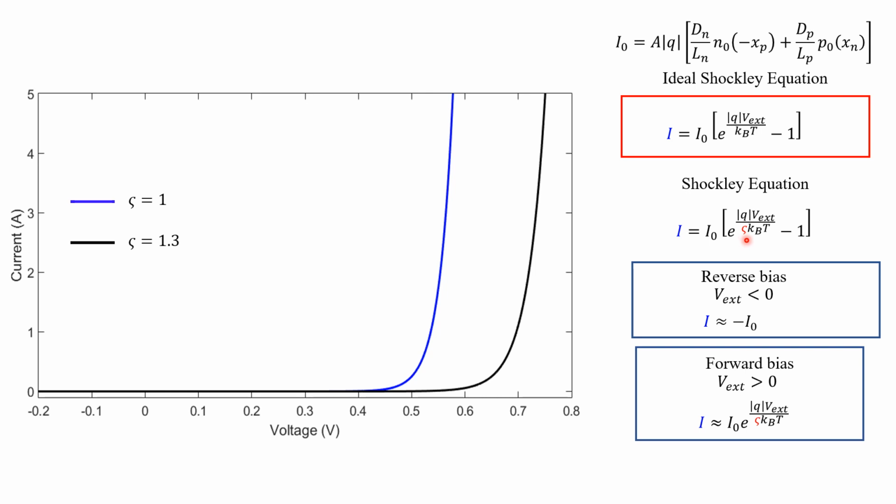So when the ideality factor is 1, we get the ideal Shockley equation, like in the blue plot here, where we have an ideality factor of 1. And I'm showing in the black plot the effect of an ideality factor different than 1, in this case 1.3. And as you can see, the main effect is to change the operational voltage of the p-n junction, which in this case now is around 0.7.